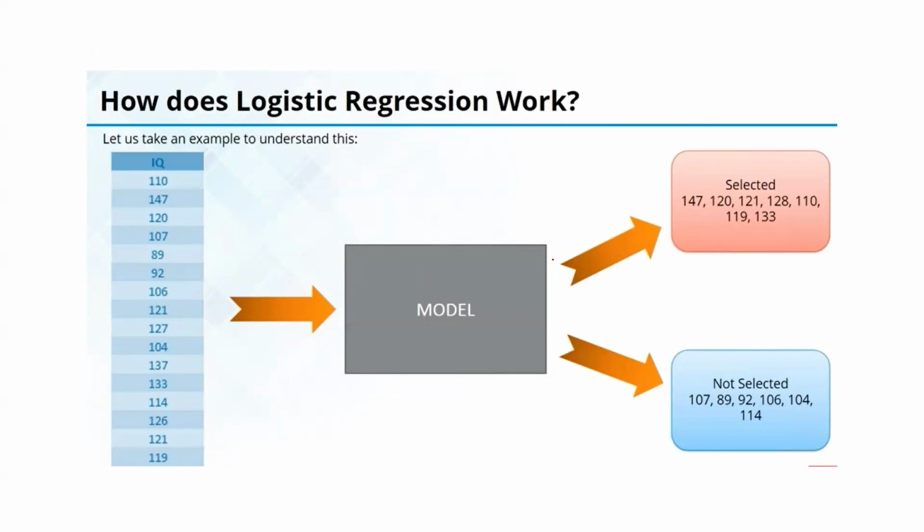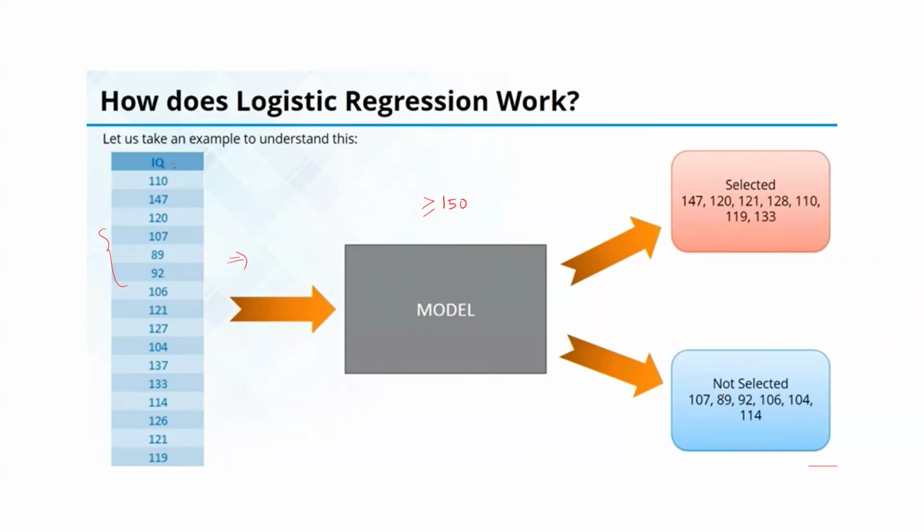Then how does logistic regression work? Suppose, let's say, take an example of IQ levels. When we feed this to a particular logistic regression model, we are going to have some threshold value. Suppose we say that if the IQ level is greater than or equal to 110.